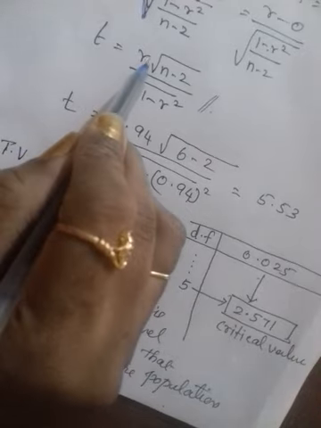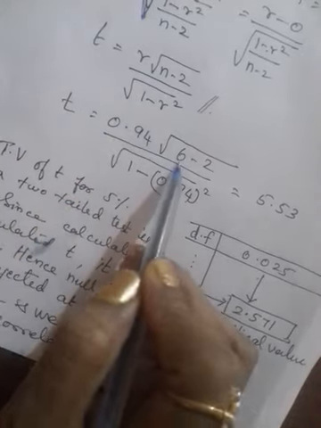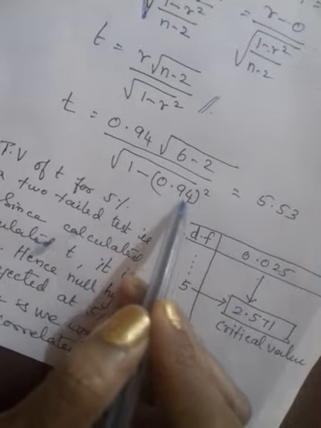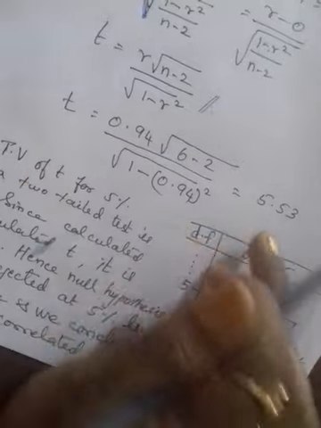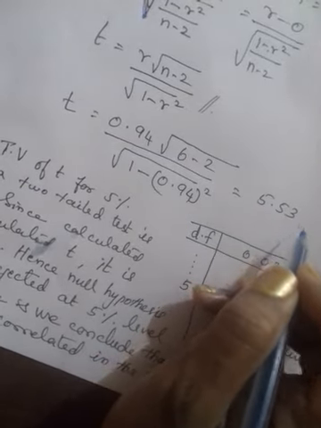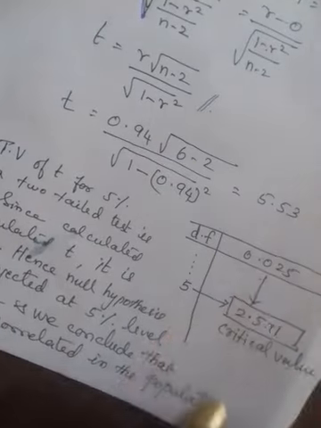Now substitute the r value we already calculated. Substitute this value, and n is 6, so root of 6 minus 2, divided by root of 1 minus 0.94 squared. Do this calculation and you will get your calculated value as 5.53. Now we have to find your table value.